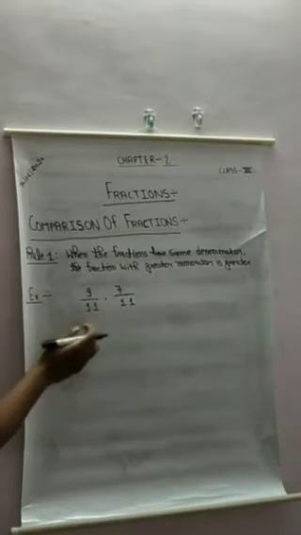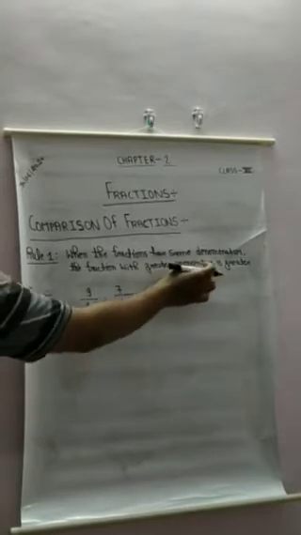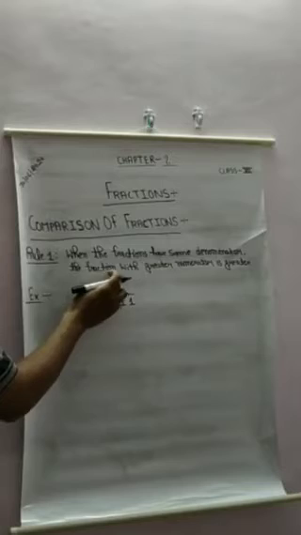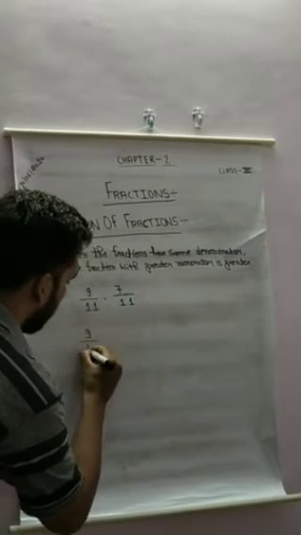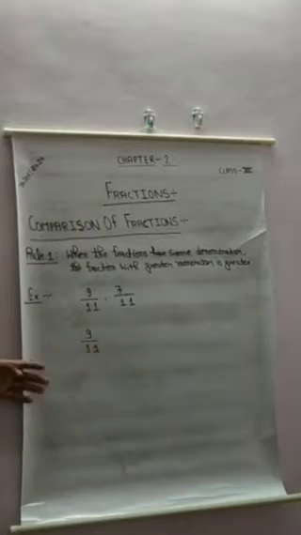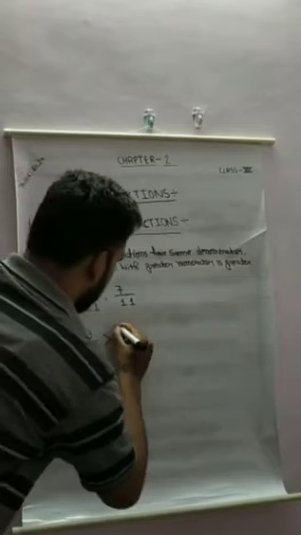The fractions have the same denominator. The fraction with greater numerator is greater. So 9 upon 11 is greater than 7 upon 11.